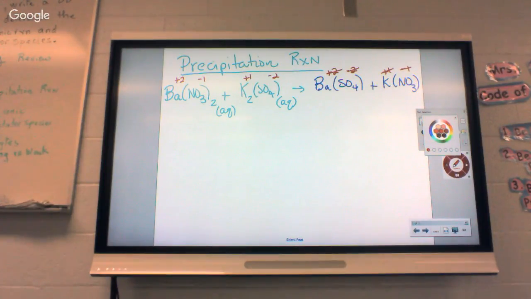However, in chemistry class, when we talk about a precipitate, we're not talking about sleet, snow, rain, or any kind of condensation. We're talking about the solid, a solid that forms from two liquids.